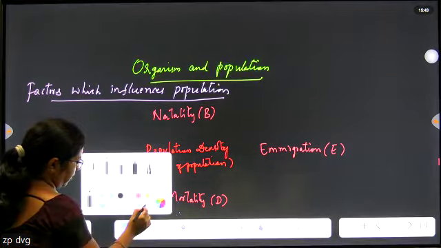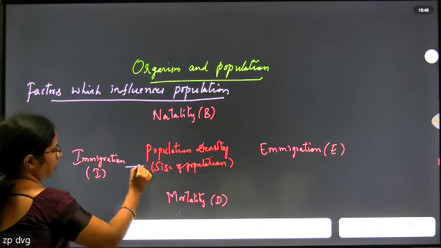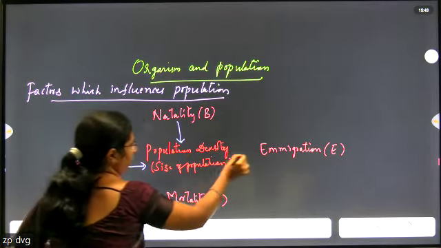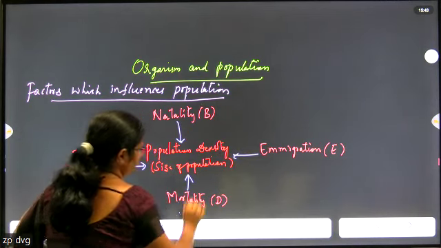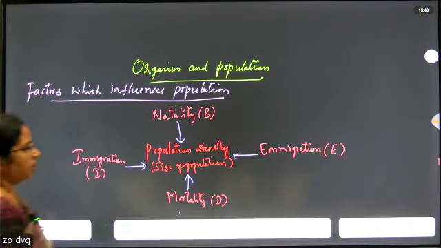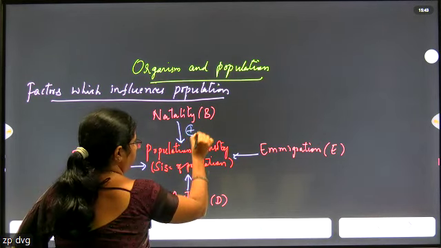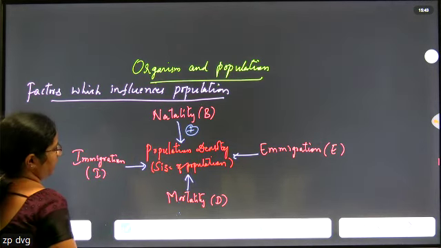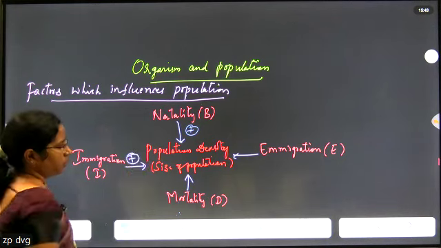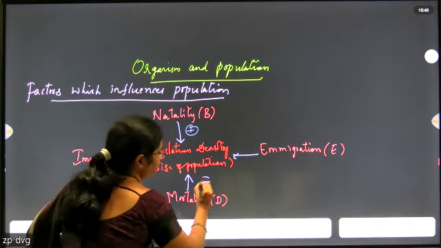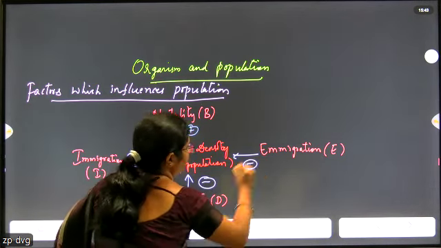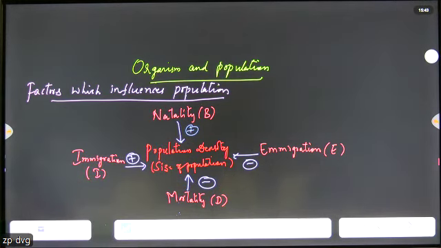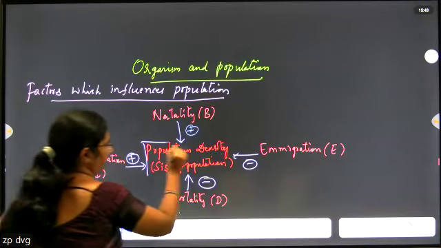So all these factors influence the population density: natality gives a positive impact, immigration also gives a positive impact, mortality gives a negative impact, and emigration always gives a negative impact to the population density.